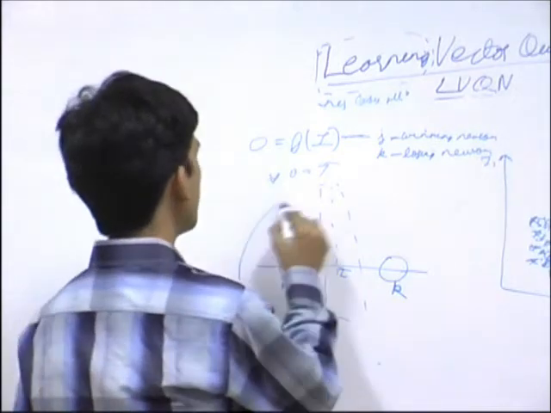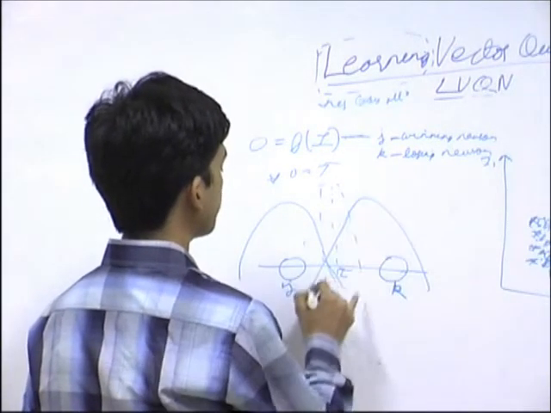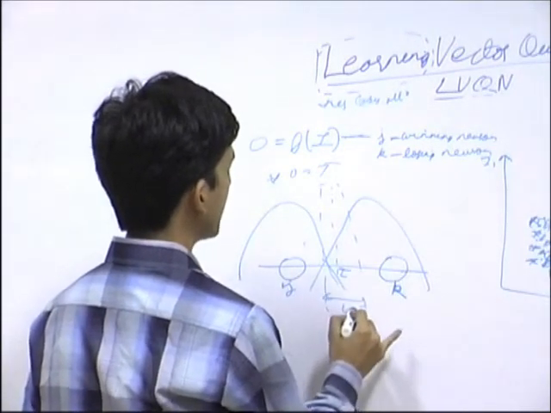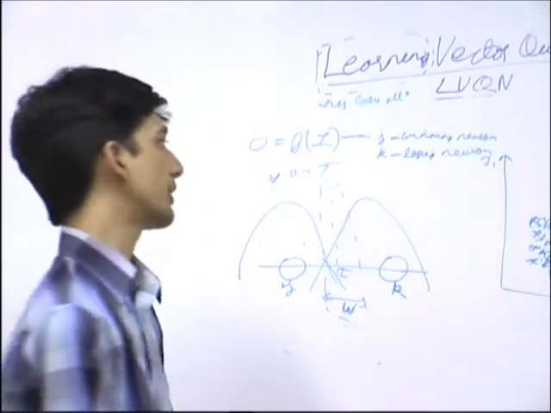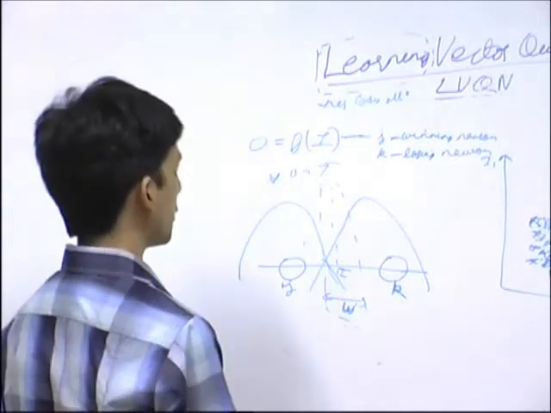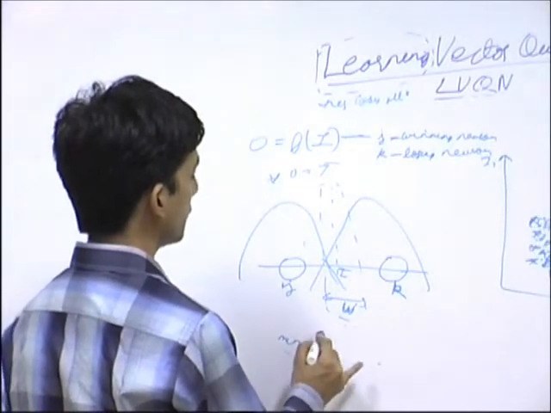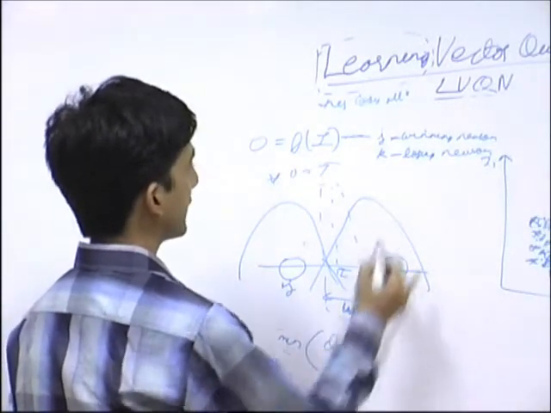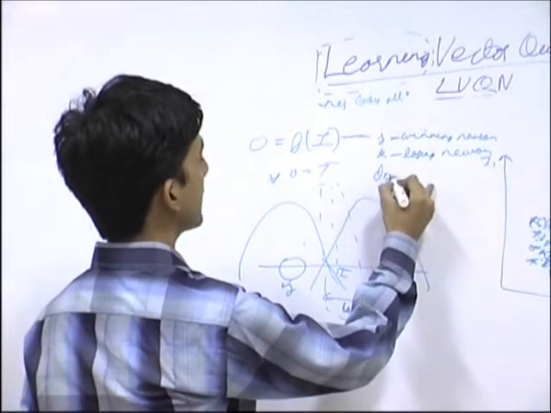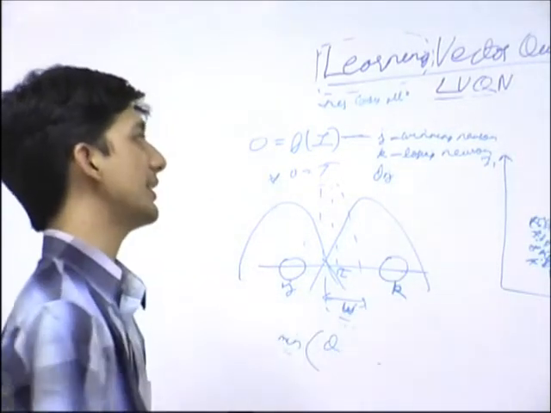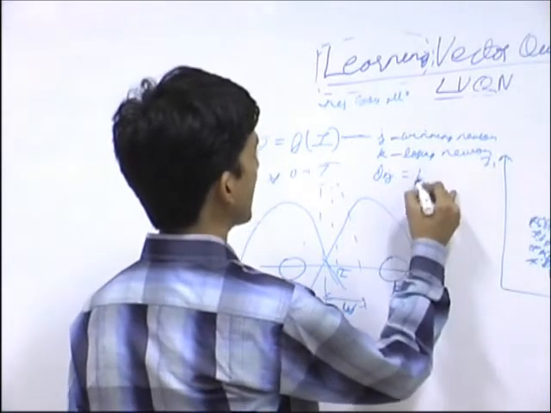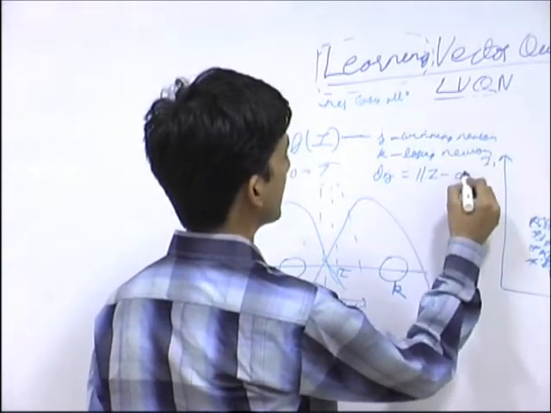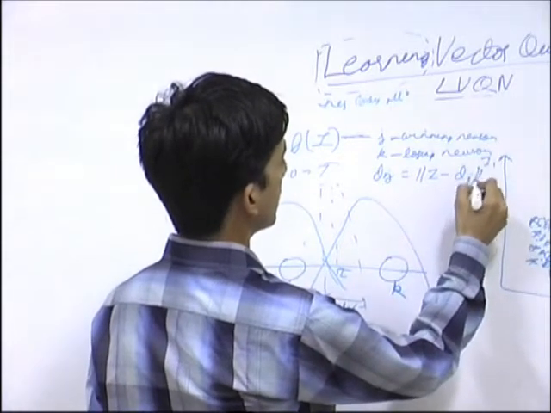So there is a window that is constructed here. Let me say a window of length W is constructed over here. We check whether this condition is true. Let me say DJ is the distance of the winning neuron to the applied input, so DJ is equal to the norm of the input minus the center.